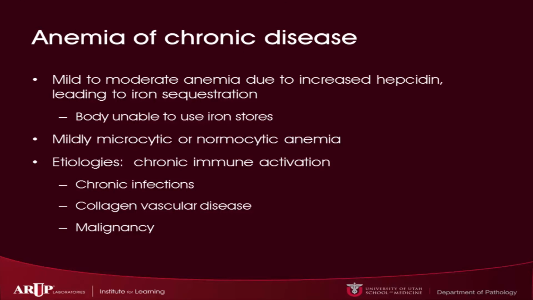Anemia of chronic disease, as I mentioned earlier, is one of the differentials in microcytic hypochromic anemia. It can cause mild to moderate anemia due to increased hepcidin, and I'm not going to go over hepcidin in detail, which is the molecule for iron transport.